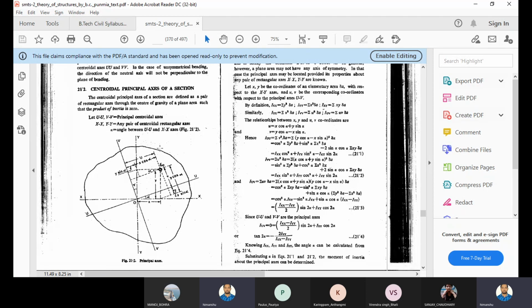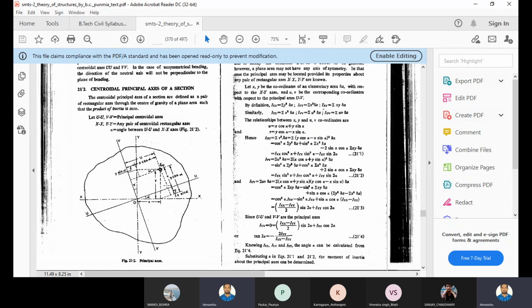This means two axes which are orthogonal to each other, through the center of gravity, and the product of inertia of these will become 0. That we call the centroidal principal axis.